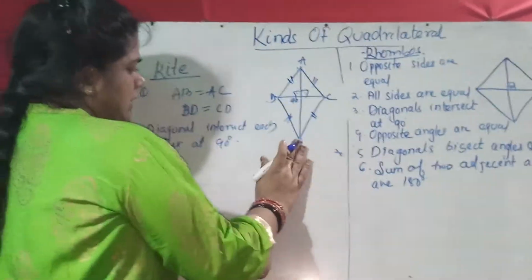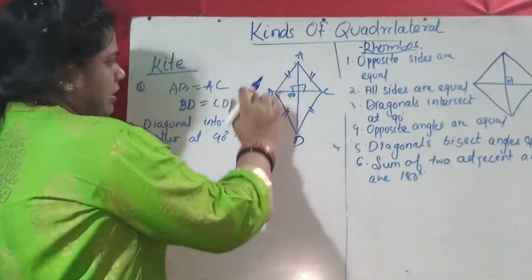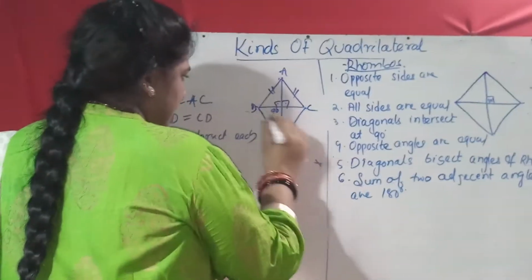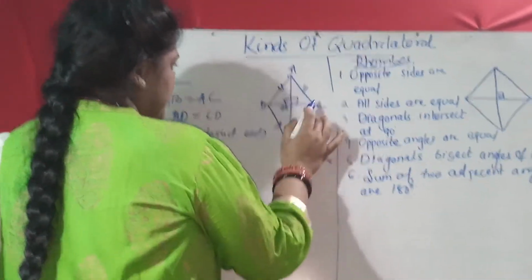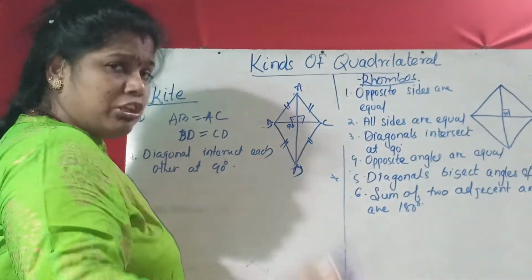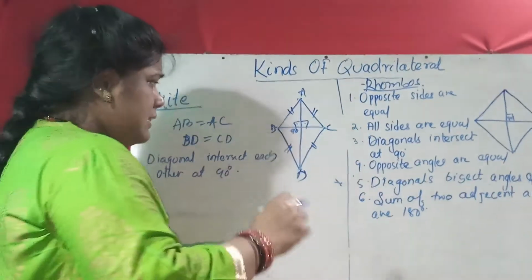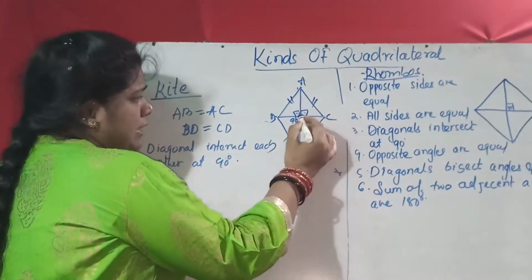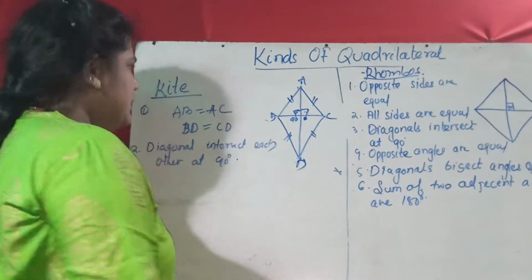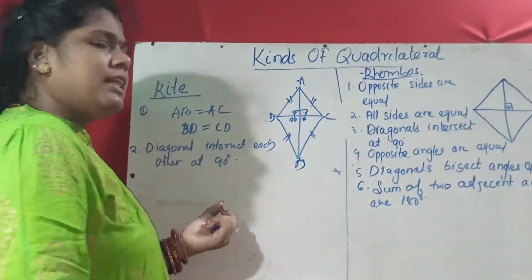The diagonals AD and BC intersect at O at 90 degrees, not bisecting or equal. This is a special kind of quadrilateral, a kite.